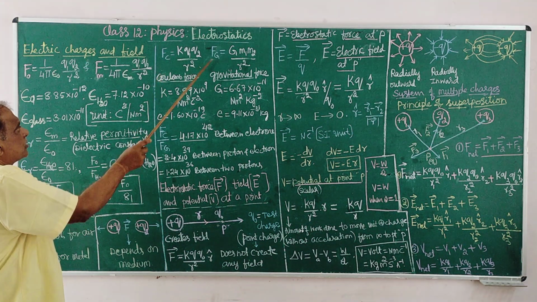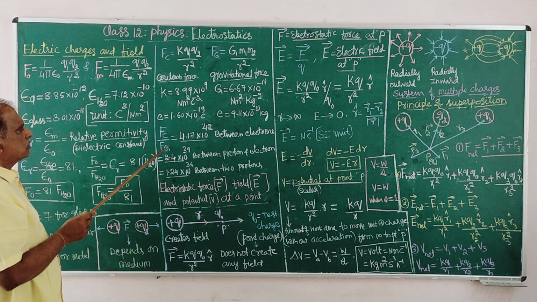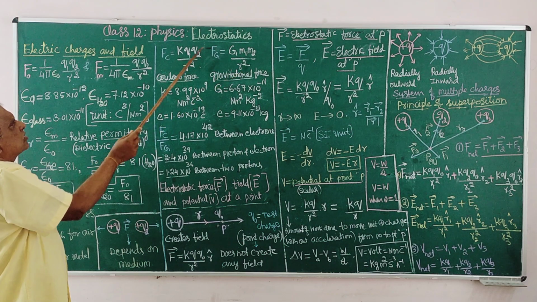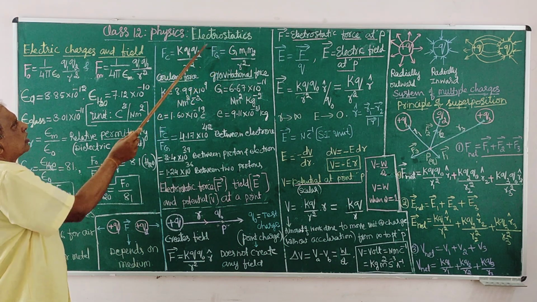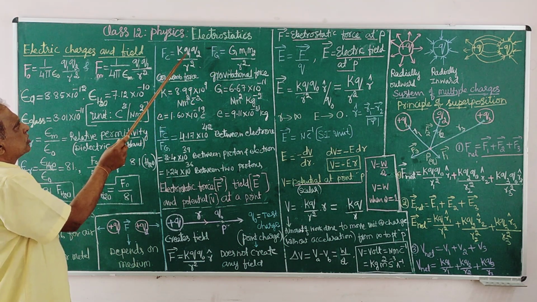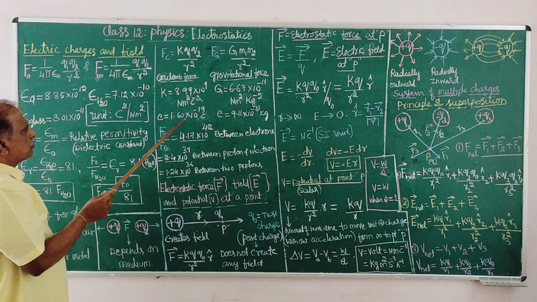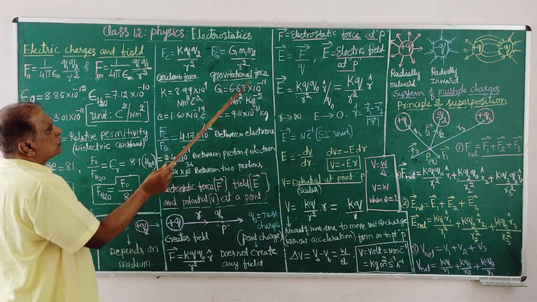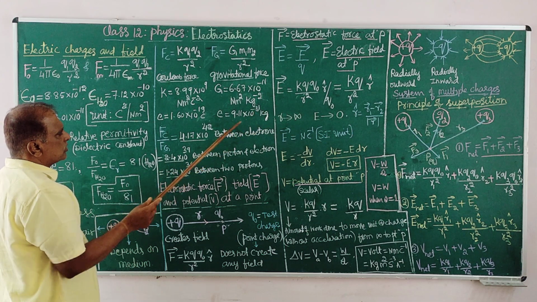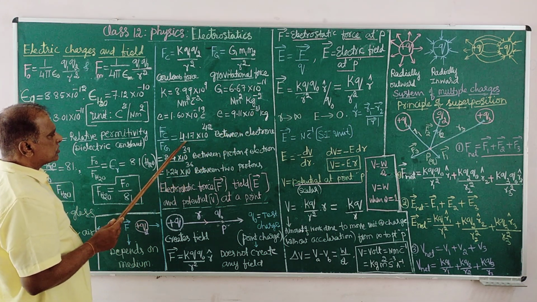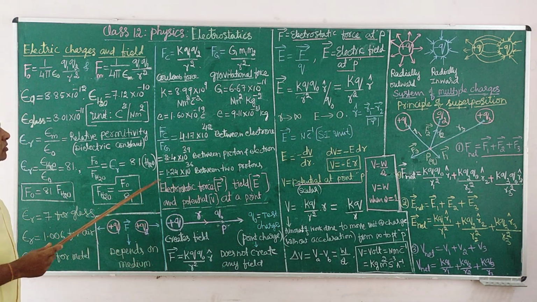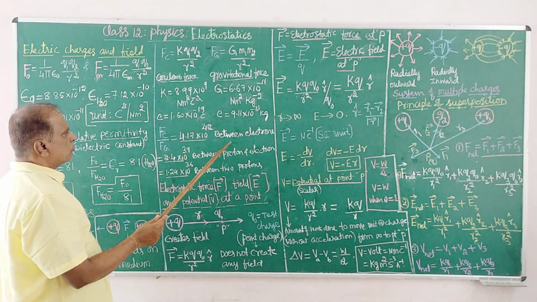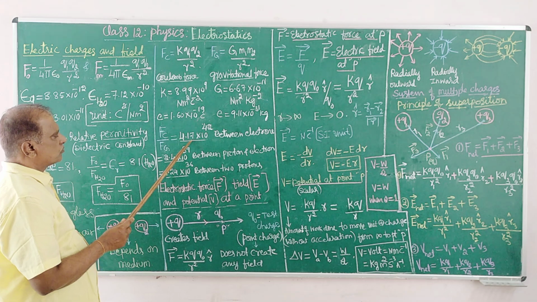Take the ratio of this by this. The r square cancels. We get K into Q1 Q2 whole square for electrons, divided by G into M1 M2 whole square, that is the mass of electrons. Simplifying, we get this ratio: Fe by Fg is equal to 4.17 times 10 to the power of 42 between electrons. This is a very high value.